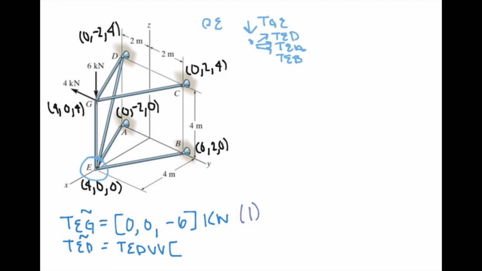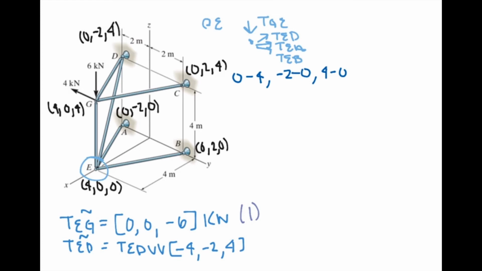So E is here and D is there, which means we can do 0 minus 4, minus 2 minus 0, and 4 minus 0, which would put us at minus 4, minus 2, positive 4.